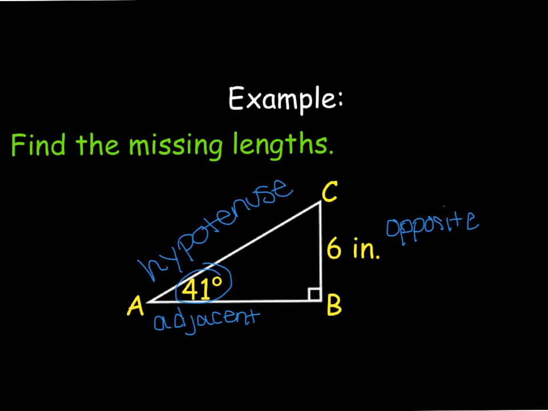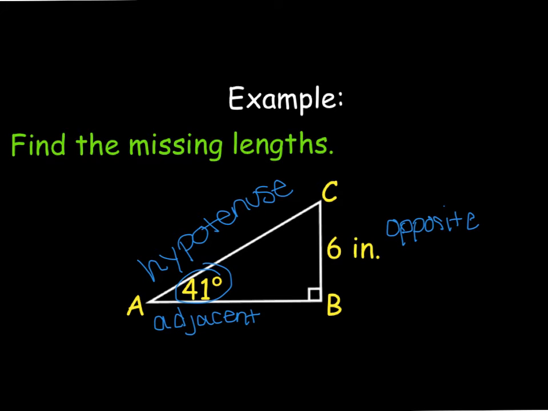So I am going to be looking for the trig function that's going to have the hypotenuse in it. And then the only measurement that I have is my 6 inches right here. So that means that I'm going to also need the trig function that has my opposite side in it. So I am looking for the trig function that uses the opposite and the hypotenuse.